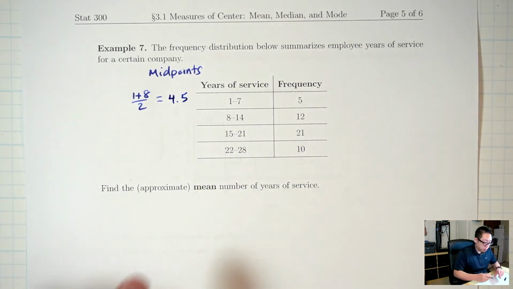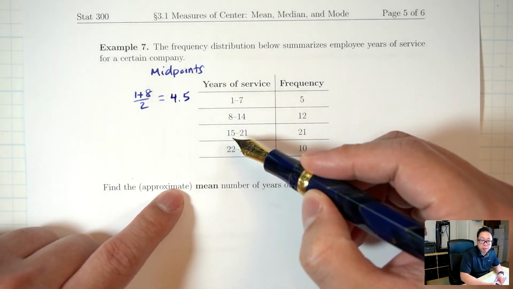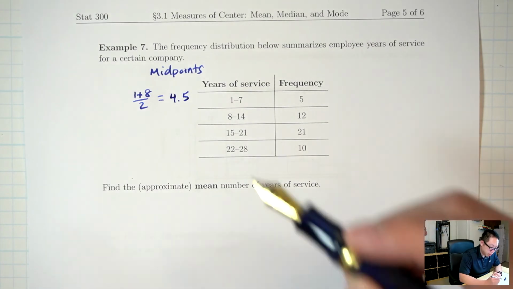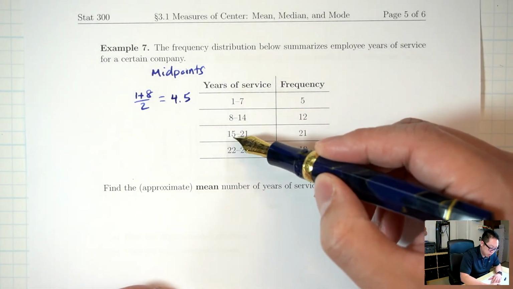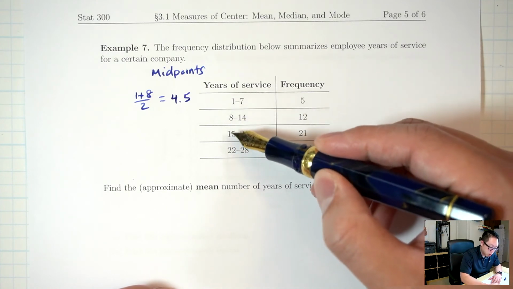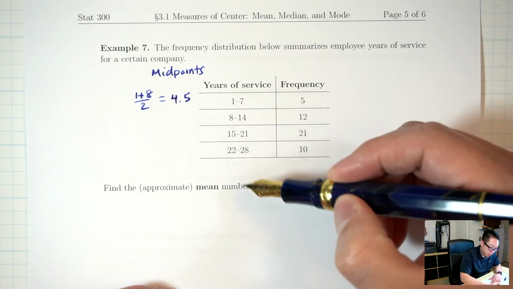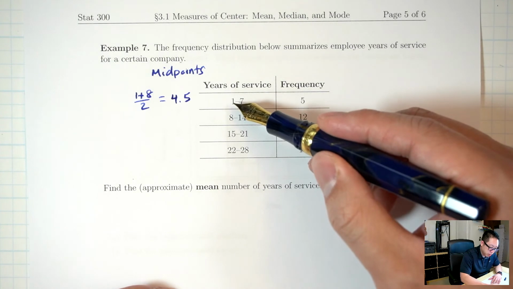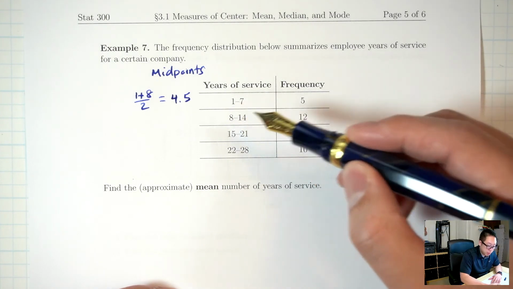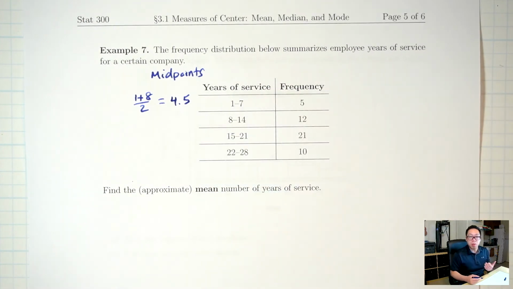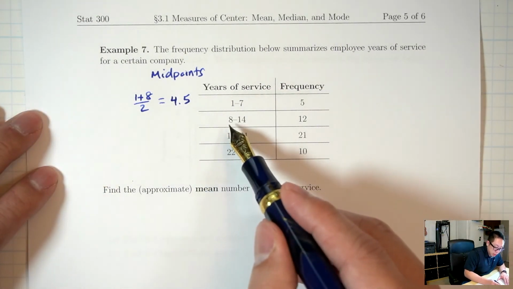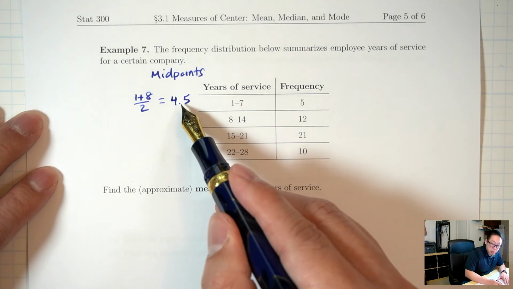Now from here, you could go 8 plus 15 divided by 2, but let's look at what these numbers are going up by, right? So 1 to 8, 8 to 15, 15 to 22, these numbers are going up by how much? They're going up by 7, right? These numbers are also going up by 7, which means everything in this table is going up by 7. So instead of doing 8 plus 15 divided by 2, I'm just going to go up by 7.